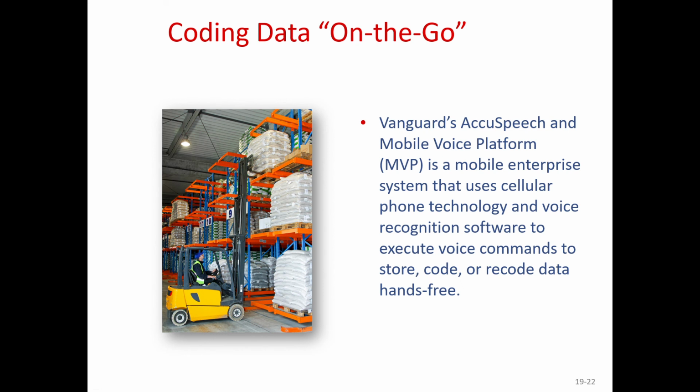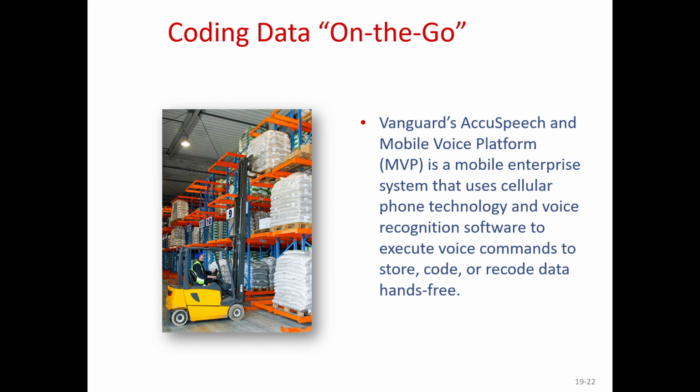Coding data on the go. Collecting business critical data takes time, and often data collection specialists and researchers must stop their organizational responsibilities to code a data value in a spreadsheet or a business database, and this can take valuable and productive time away from their other responsibilities.